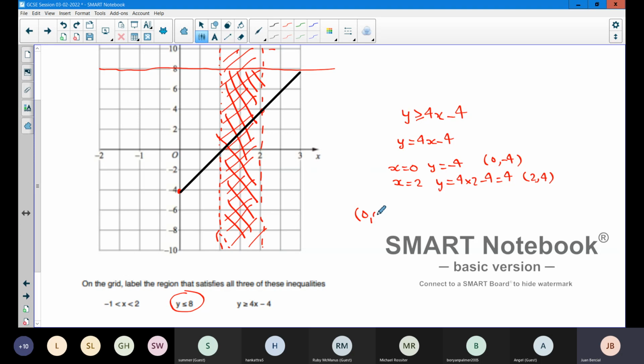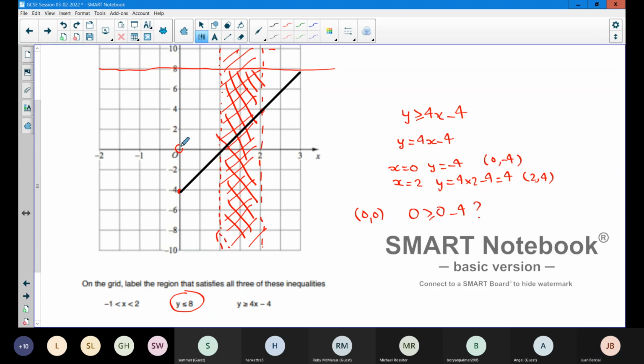What happens to (0, 0)? Is it in or is it out? Is 0 greater than 0 minus 4? The answer is 0 is bigger than -4. So that means (0, 0) is in.